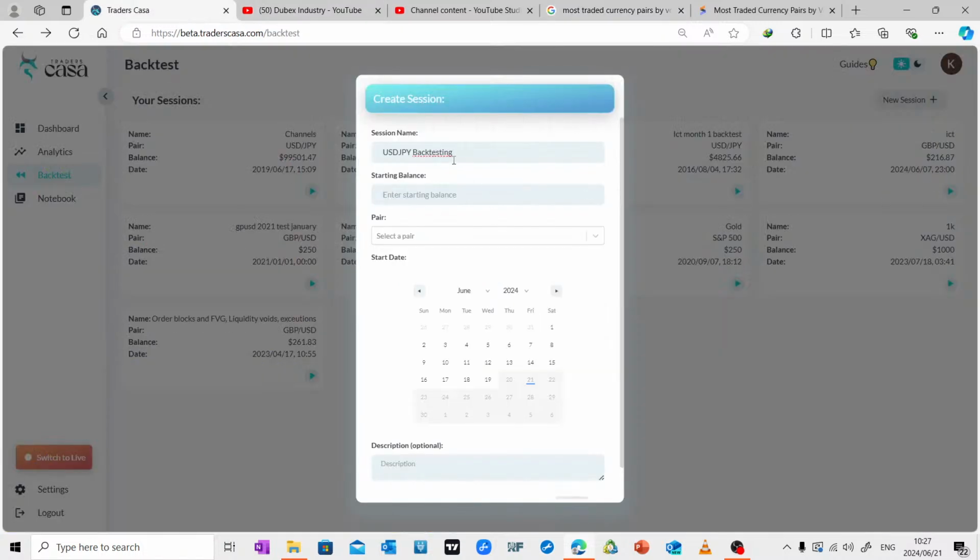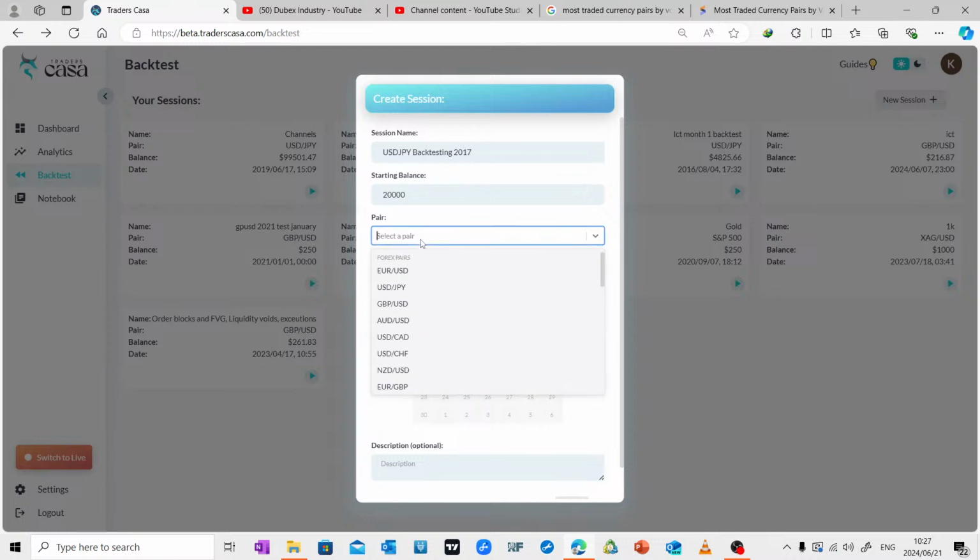So right over here we'll be backtesting. What I'm gonna do is simulate having a 60k challenge, or let me say 20,000. I'm going to simulate having a starting balance of 20,000, similar to any prop firm account you can get there.